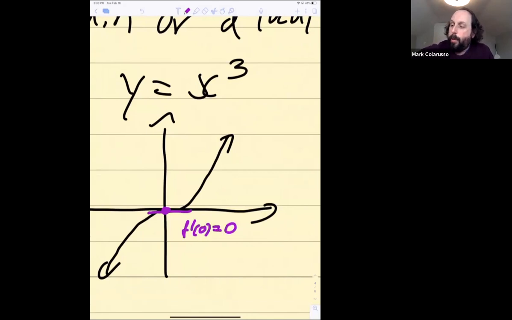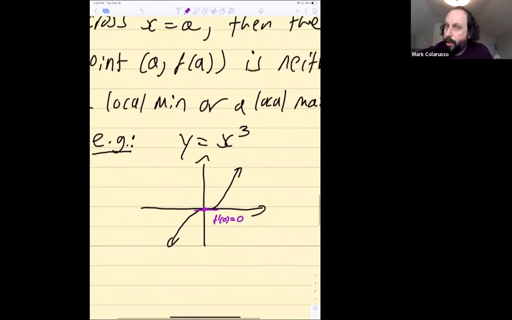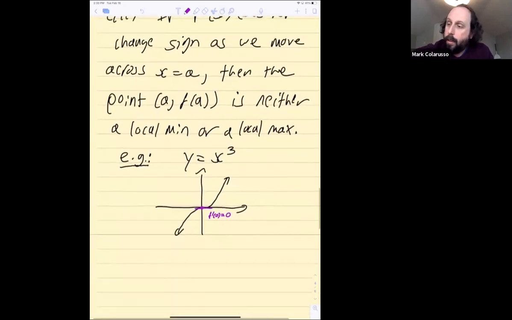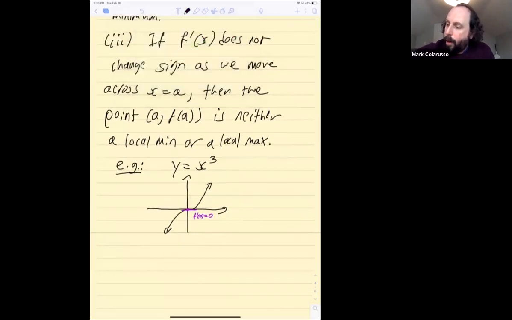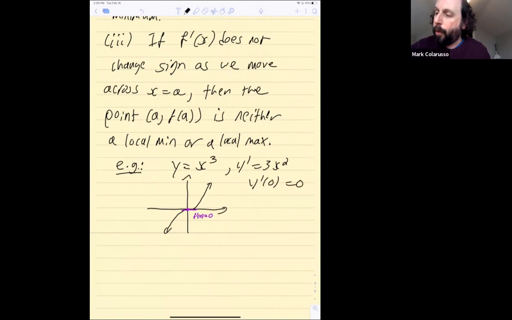And that shouldn't be a surprise, right? Because, zoom out for a second, you get y prime is 3x squared, so y prime at 0 is 0. But look, you can see both from the formula for y prime and from the graph that this is always an increasing function. The derivative is always non-negative for y equals x cubed.